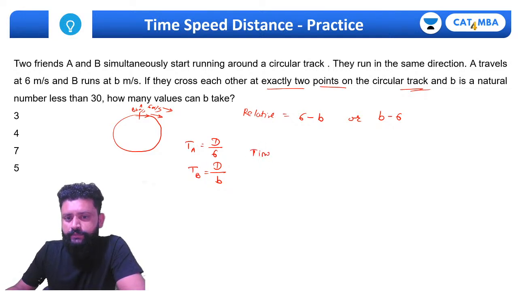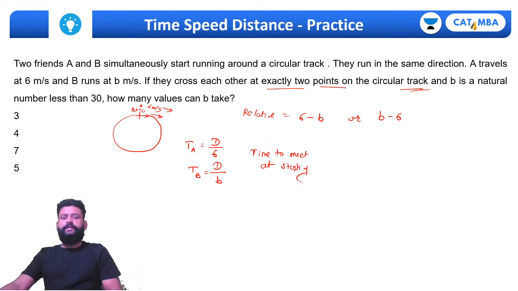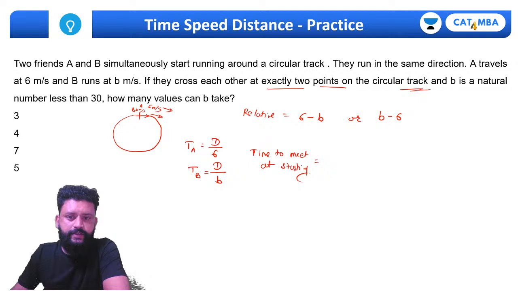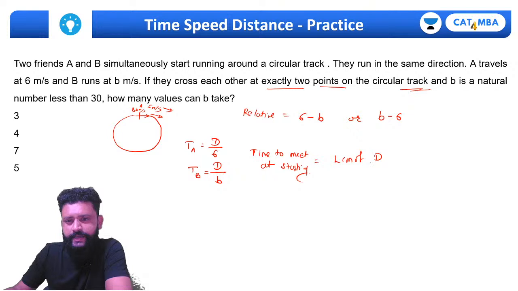So time to meet at the starting point. If we calculate the time they meet at the starting point, it will be LCM of d by 6 and d by b.